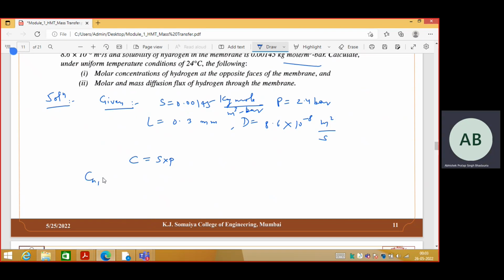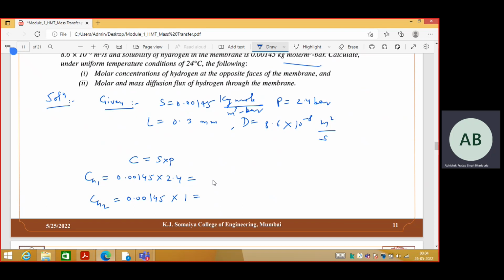First of all, we'll calculate CH1, that is 0.00145 into the pressure, 2.4. Then we can calculate the value CH2, that is 0.00145 into this one.